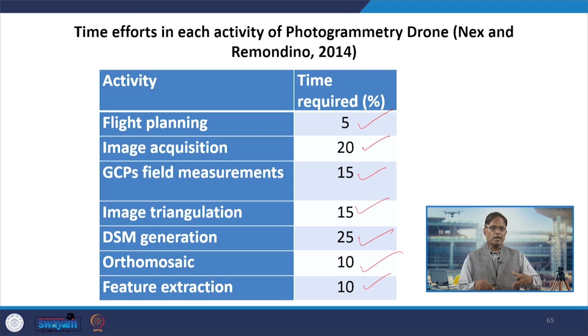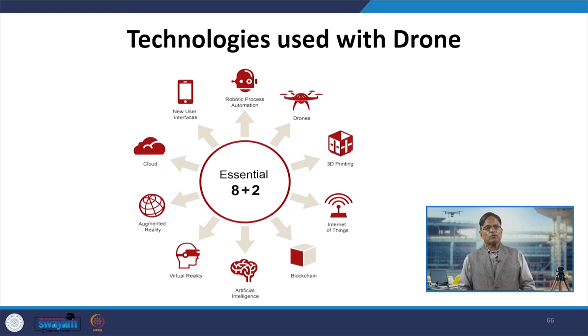This is the time likely to be spent on each activity from data acquisition to data analysis. There are several new, smart technologies which are to be integrated with the drone system.